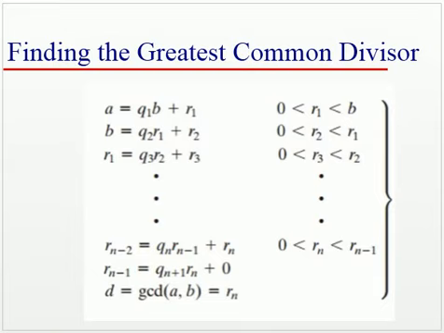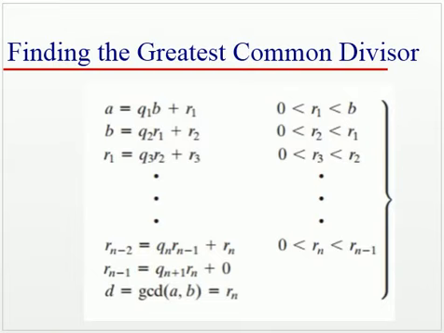Now if r1 is not equal to 0, we can go to the next step, where we divide b by r1. So we get b equal to q2 into r1 plus r2, where 0 is less than r2 less than r1.